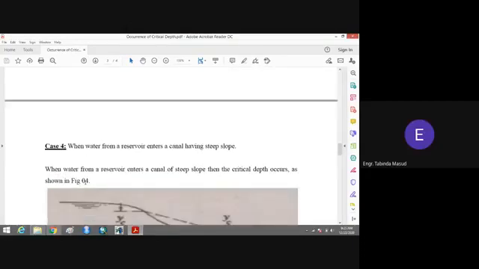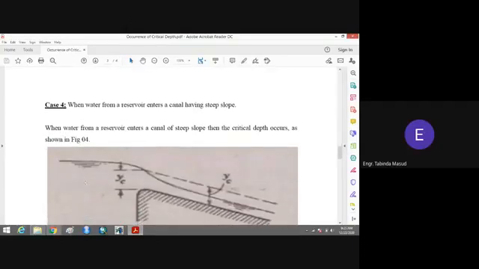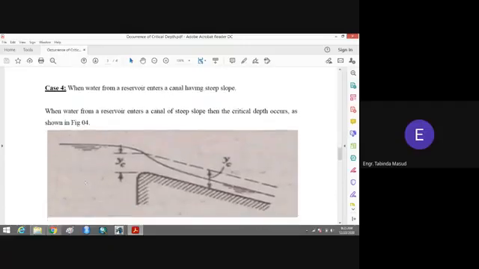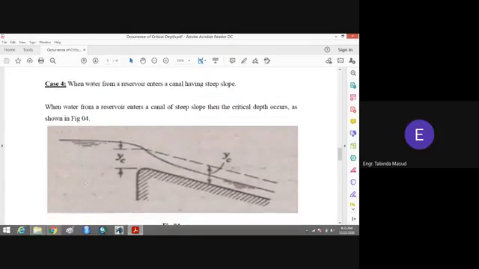Okay, case number 4, when water from a reservoir enters a canal having steep slope. I have taken this figure from your Franzini book. You can see that here we have a reservoir. This is the depth of the flow in the reservoir, and from the reservoir the flow is entering a channel having steep slope.